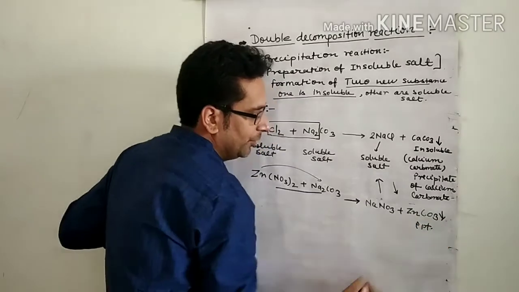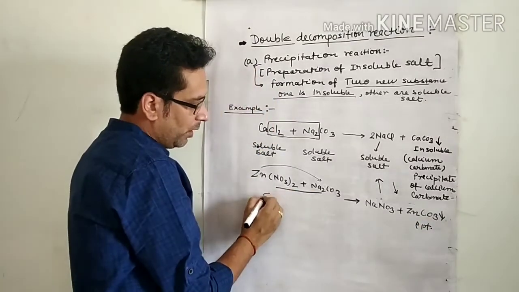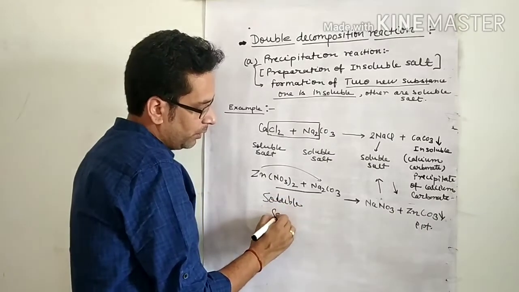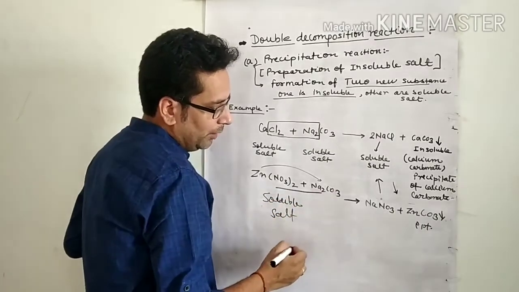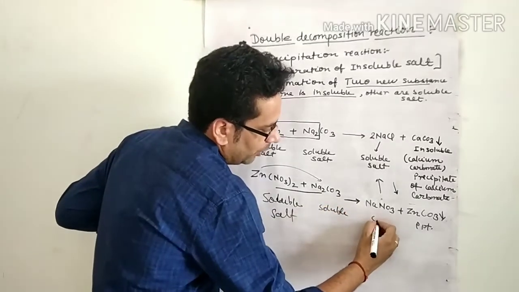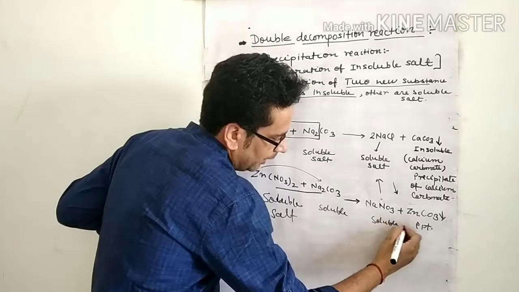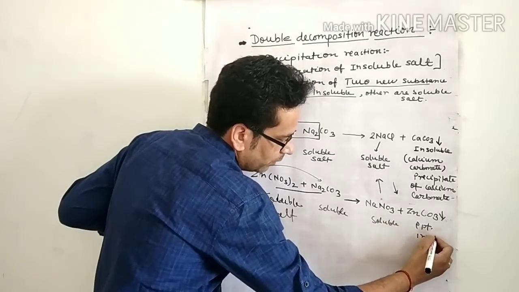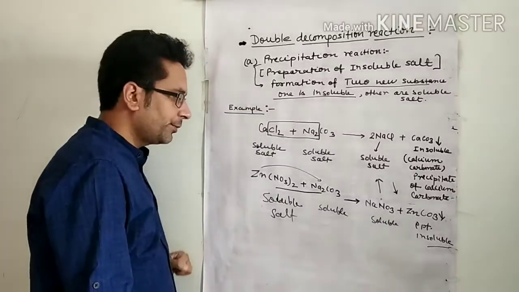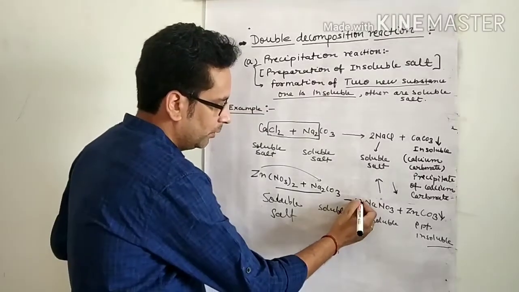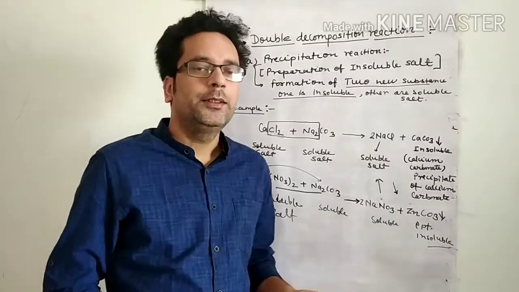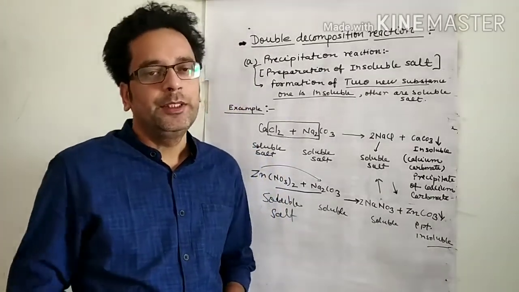PPT stands for precipitate. These are soluble salts. It is also soluble, and it is insoluble. So these are the examples of precipitation reaction.